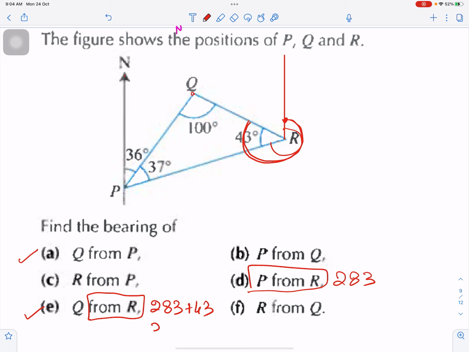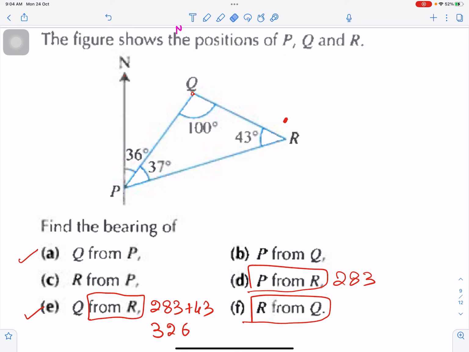So it will be 326. So this is done. Now R from Q. R from Q. So let me erase this diagram again. Let this be. We may need the answer of the previous part.